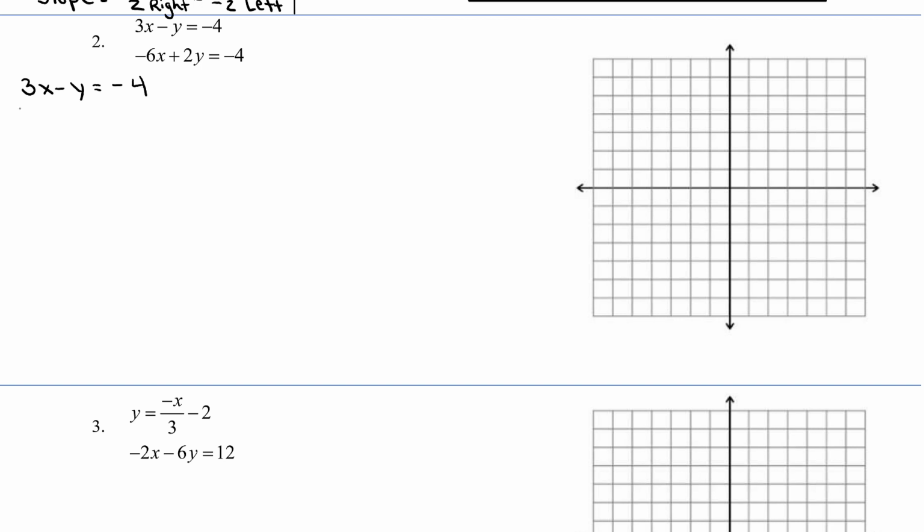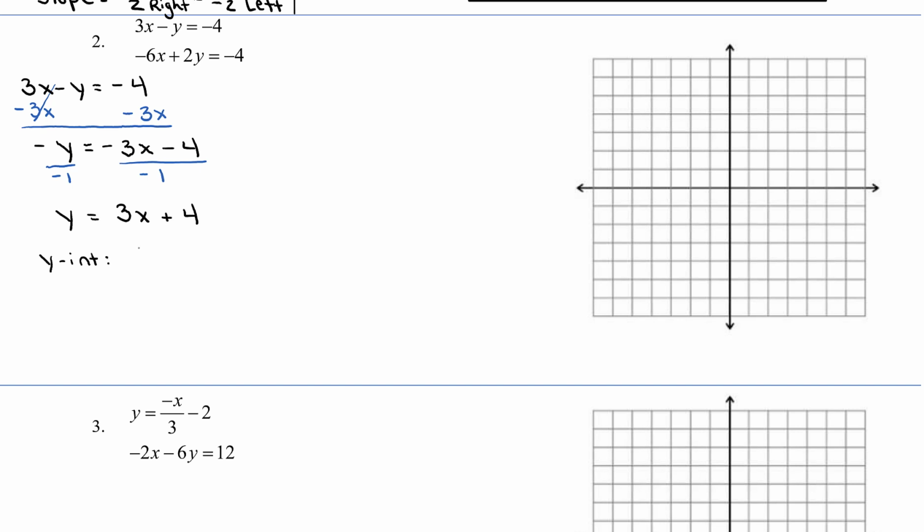So starting with the 3x minus y equals -4, I'm going to subtract 3x from both sides of the equation. So the 3x minus 3x zeroes out, and we're left with -y equals -3x minus 4. We're going to divide both sides by -1. So y equals 3x plus 4.